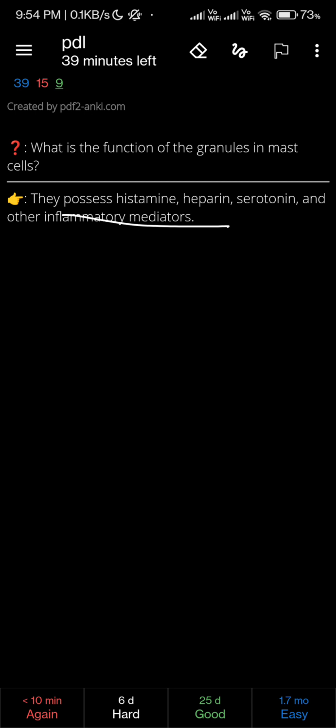So the granules in the mast cells contain histamine, heparin, serotonin and other inflammatory mediators.